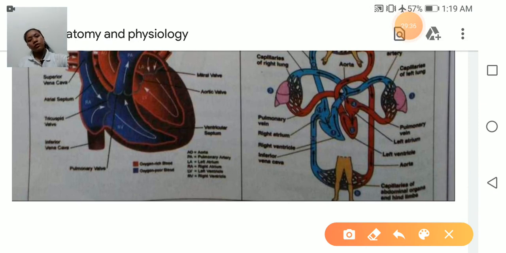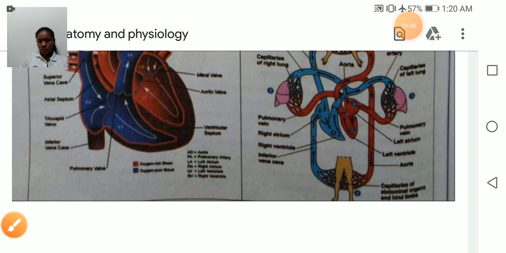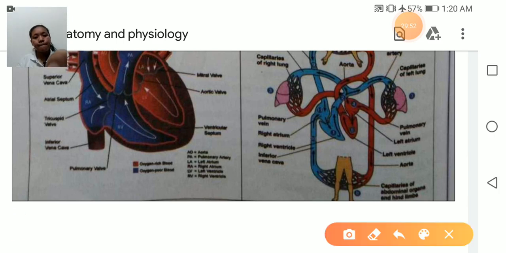Through the superior vena cava and inferior vena cava, blood enters the right atrium, from here to the right ventricle, and through the pulmonary artery it goes to the lungs.